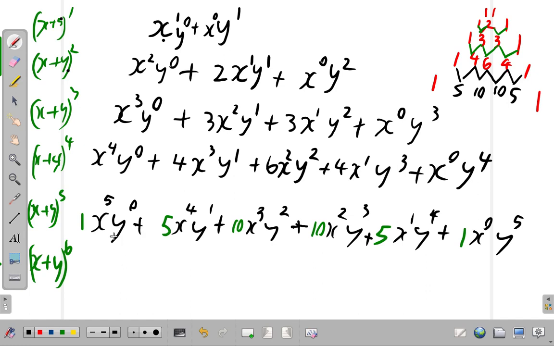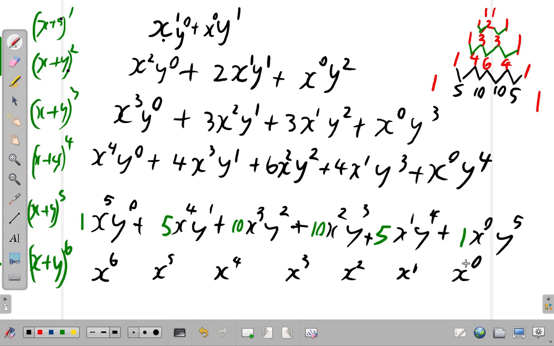You have x y, and the highest power of x will be 6. So let's write it here. It's x to the 6. And let's concentrate on the x's first. You're going to have x to the 5, x to the 4th, x to the 3, x to the 2, x to the 1, x to the 0.